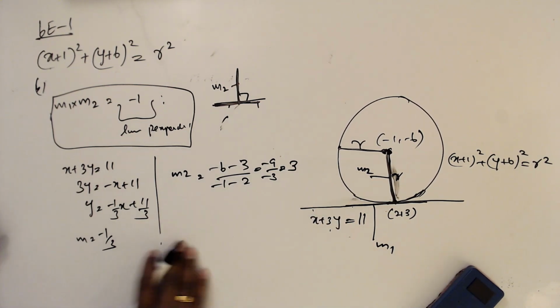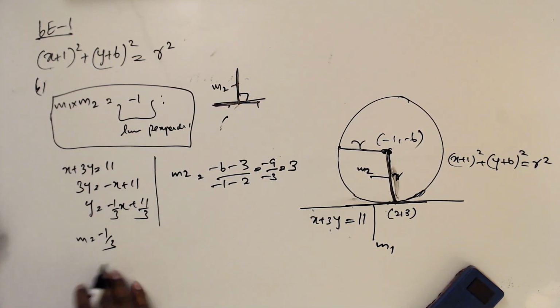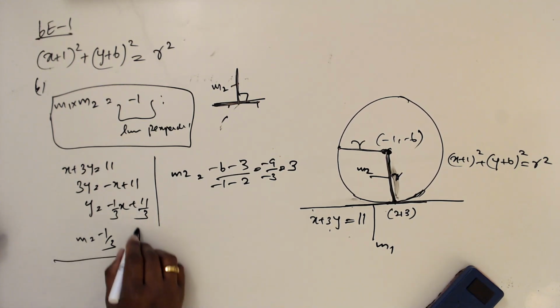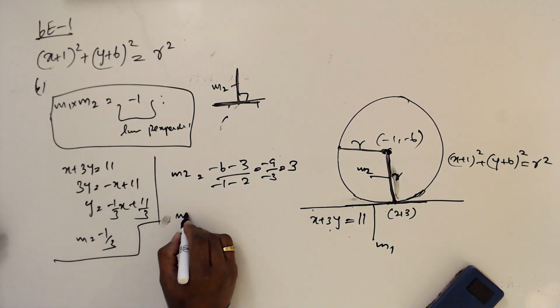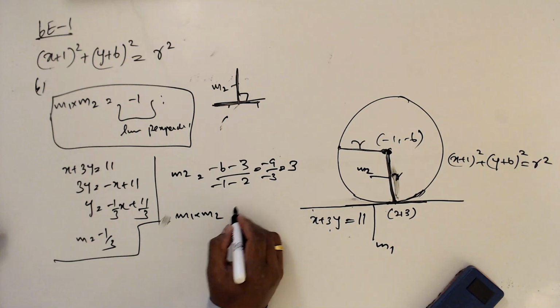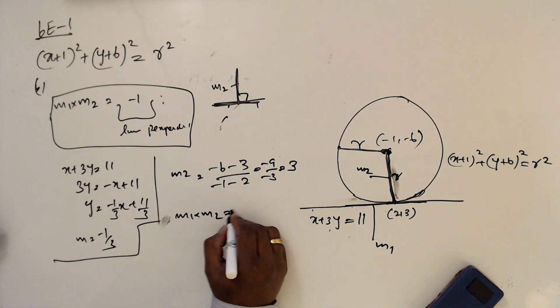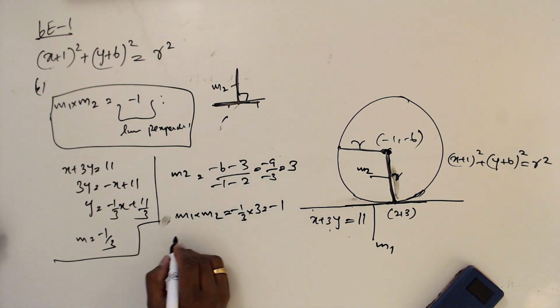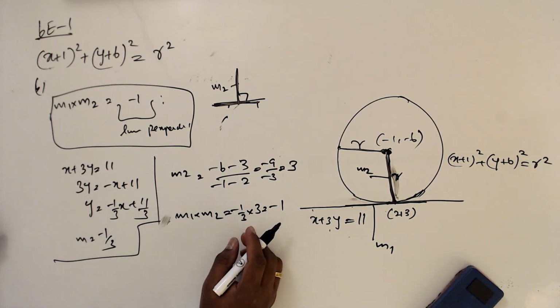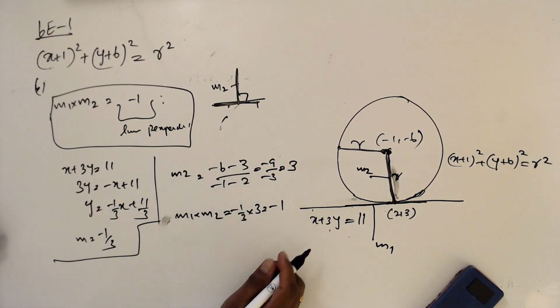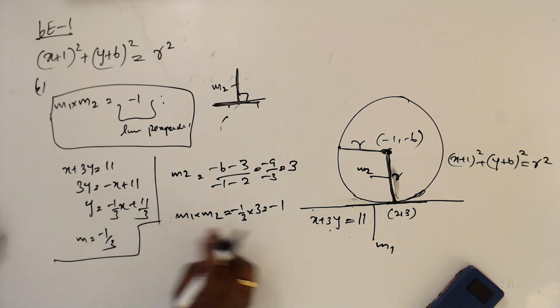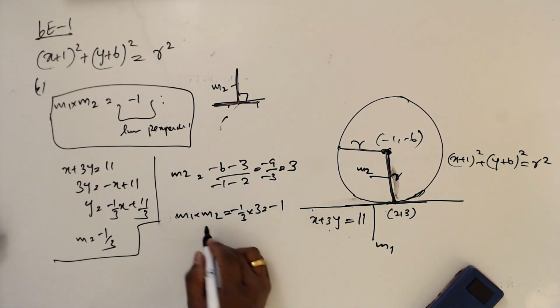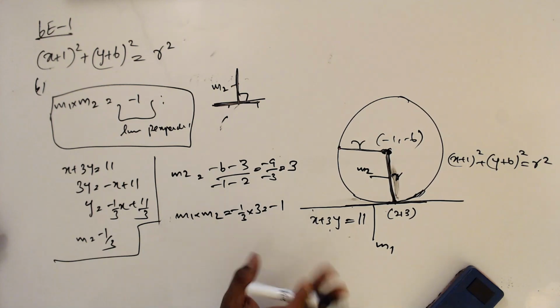Now we'll multiply and see what will happen. Now m1 times m2 equals minus 1 third times 3, which equals minus 1. So we got what we want. If they are perpendicular, the product is minus 1. If they are not perpendicular, it is not minus 1.